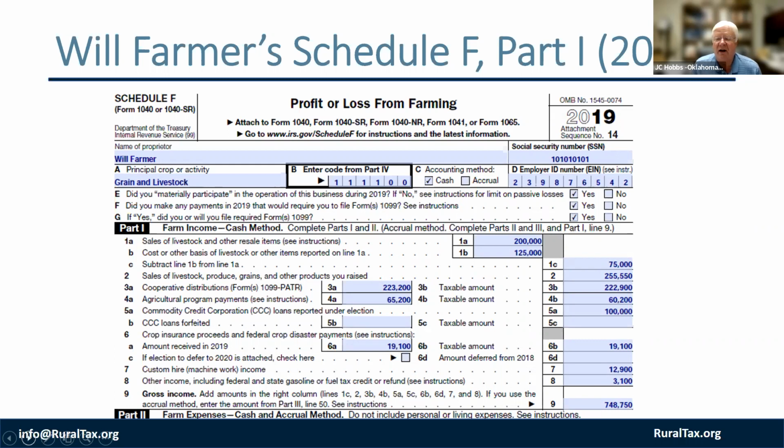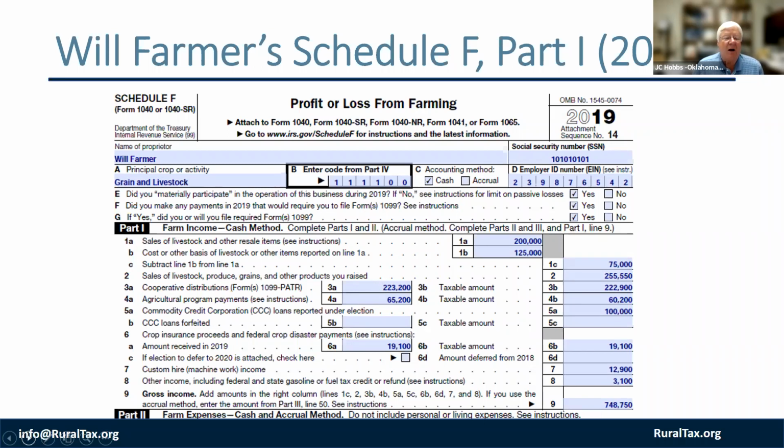That's the important number. That's the taxable amount. Line 2. So we've got livestock, produce, grains, other raised products of $255,550. Again, that's the taxable amount, the important part.